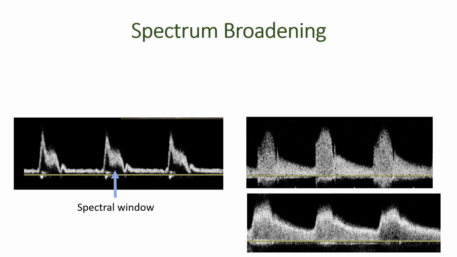The velocities in turbulent flow, such as in the area of stenosis, range from high to zero, sometimes to negative velocities in the reverse flow component. The spectral window is no longer present. This phenomenon is called spectrum broadening.